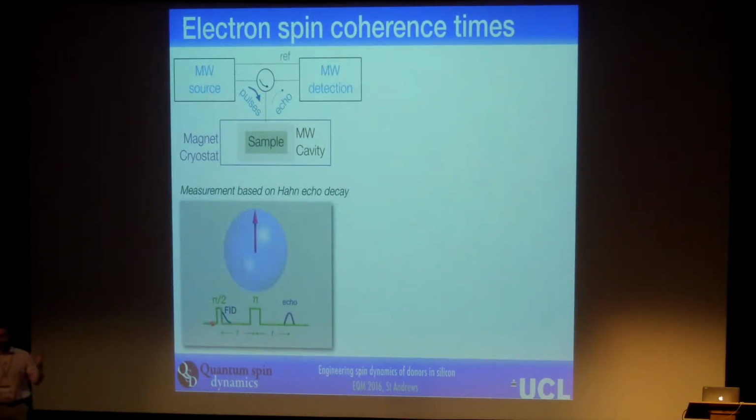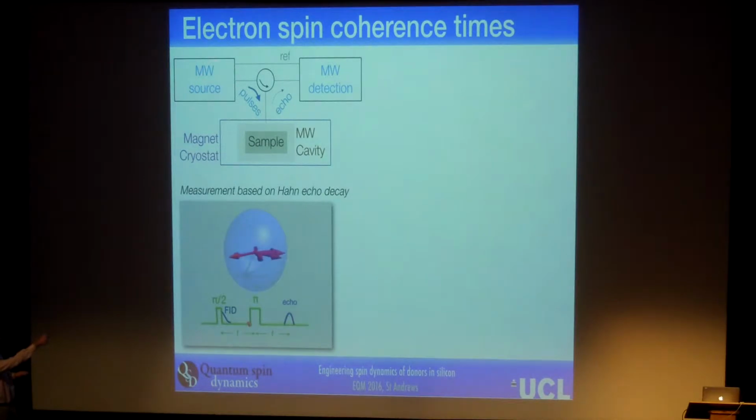Okay, so I said this was really a talk about relaxation and decoherence. So I'll say a bit about how we measure decoherence in this kind of material. The experimental setup crudely looks like this. We have some kind of sample. This is phosphorus doped silicon in this case, and it sits within a microwave cavity. We have to apply a magnetic field, and as I mentioned, we need to be at low temperature.